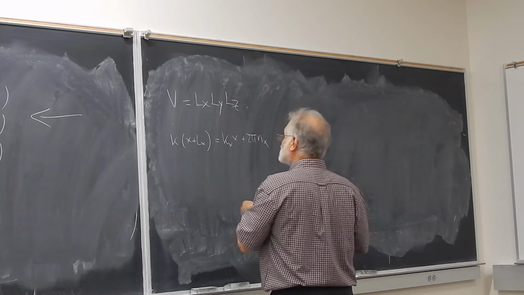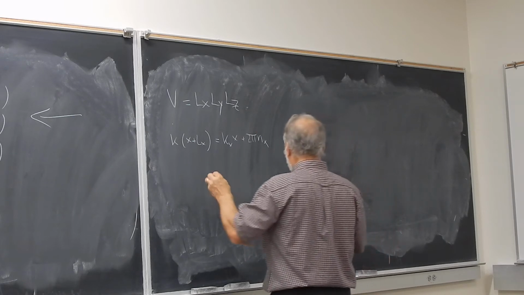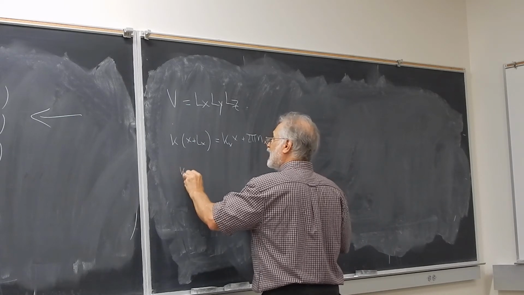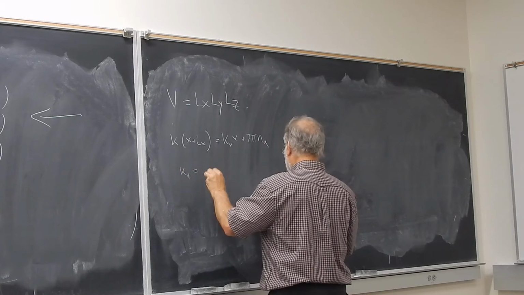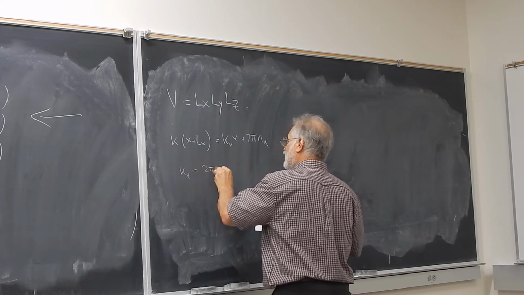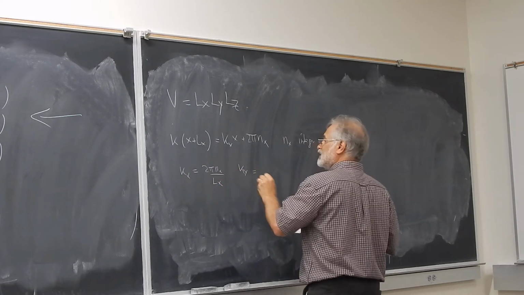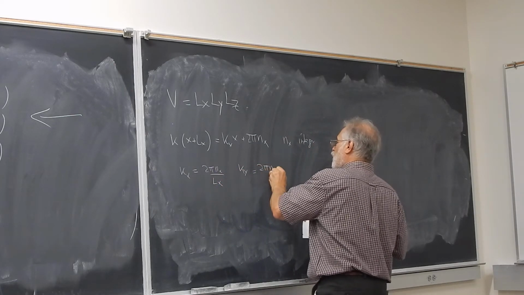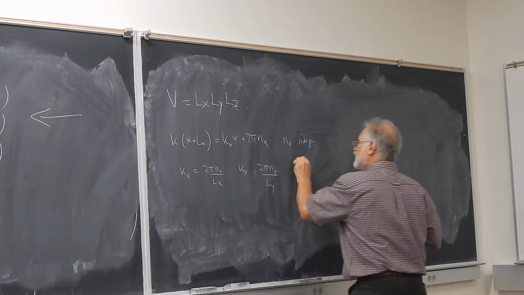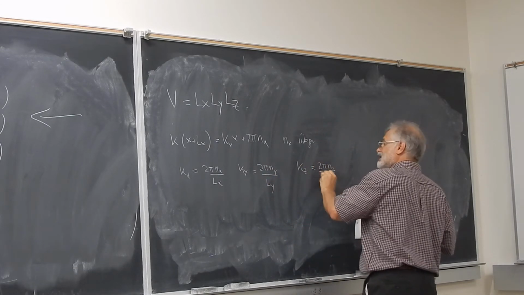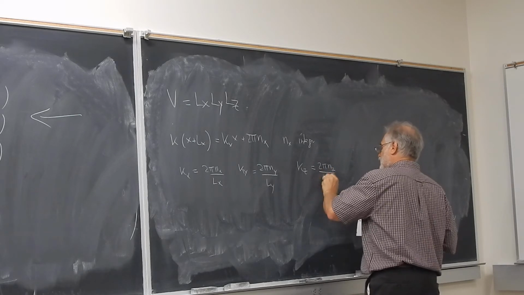So in other words, it has to be that, in this case, κx must be equal to 2π nx over Lx. κy must be equal to 2π ny over Ly. κz must be equal to 2π nz over Lz.